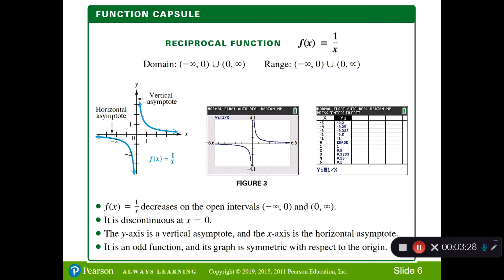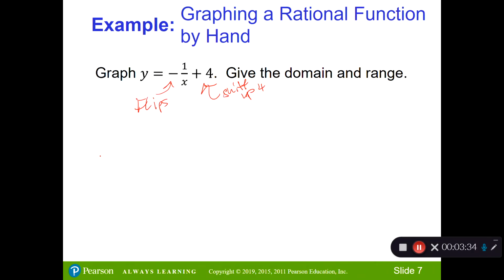If I flip it upside down, this arm's going to be down here and this arm's going to be up here. So my graph of negative 1 over x will have this arm going like this and this arm going like this, just the upside down of what we saw in the previous slide. Now, the up 4 shifts it up 4.